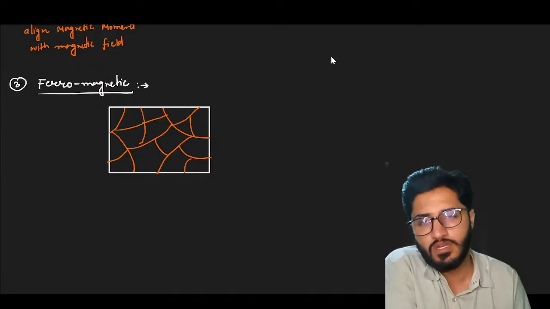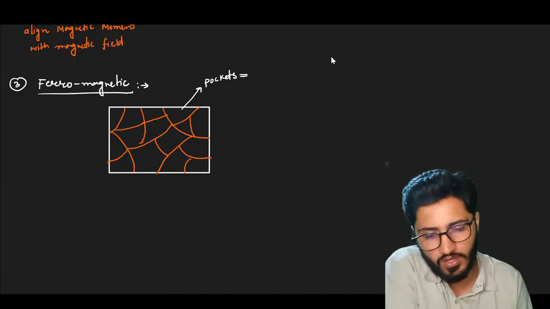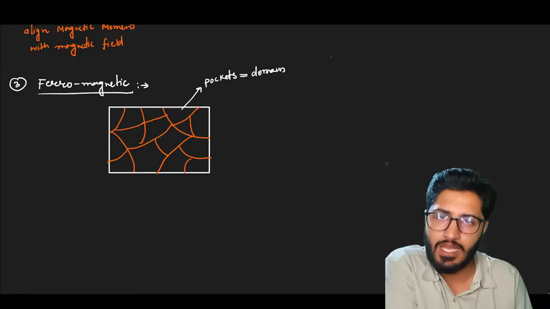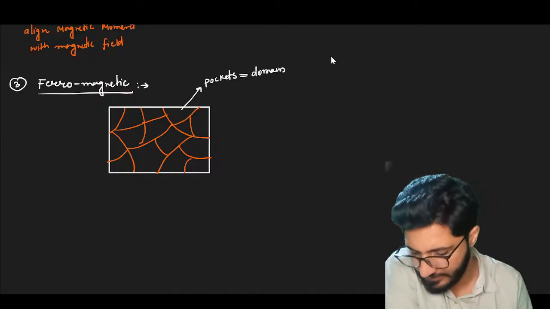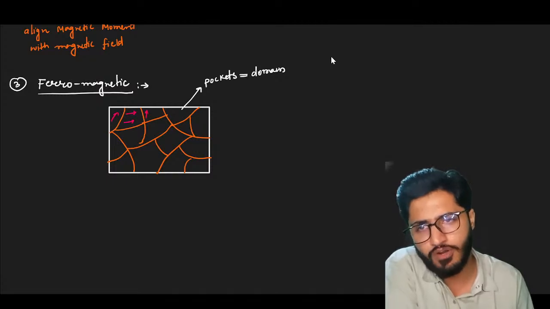So these things are known as pockets. These little things are pockets, and in physics we call them domains. In these domains we have our magnetic moments, right? Look now, in a random orientation.